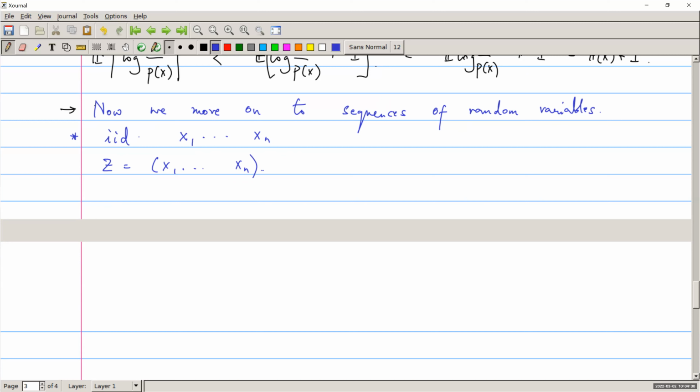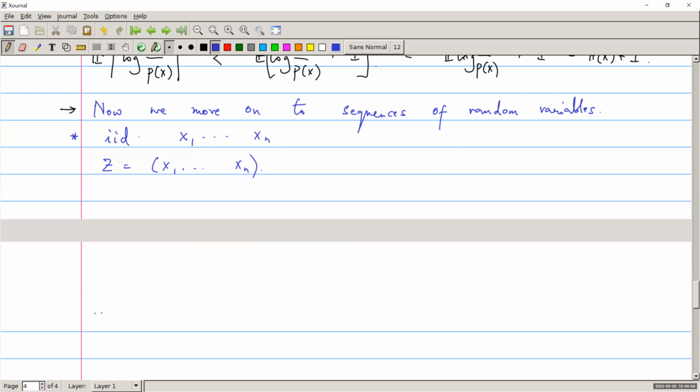It really doesn't matter, but we are treating z, x1 through xn, the whole thing, as one unit. Everything that we said for a single random variable applies to z.